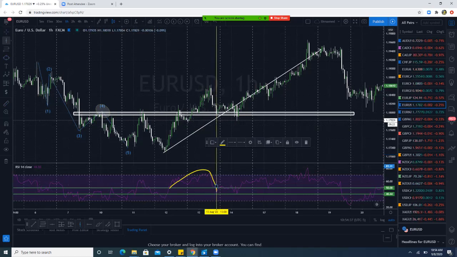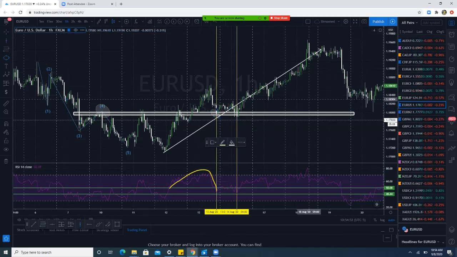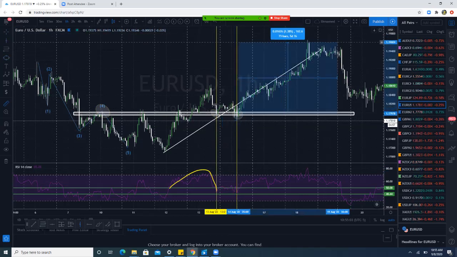And it actually gave you two chances to get to that area. So if you place the buy at either point in the market, either there or there, then you would have potentially had, if you held it, 162 pips.